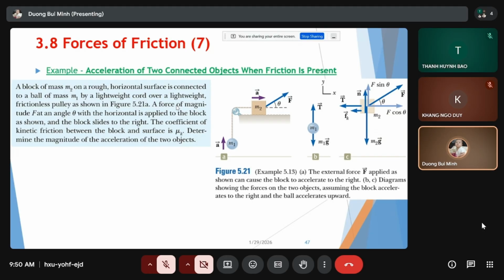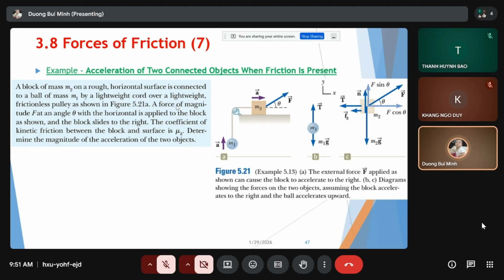So here we have a pulley, right? And then here is M1. Here we have M2. So they give us the moving direction. That means M1 is moving upward, right?